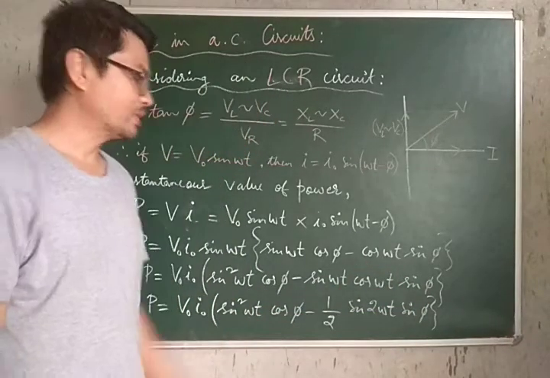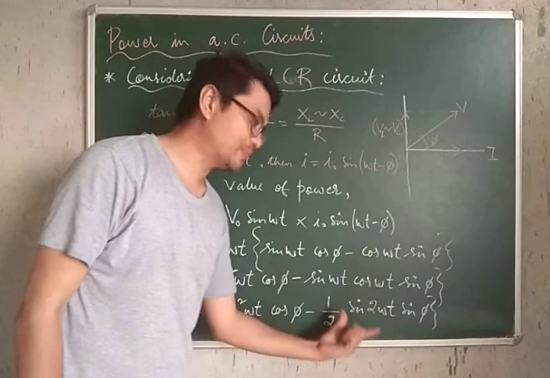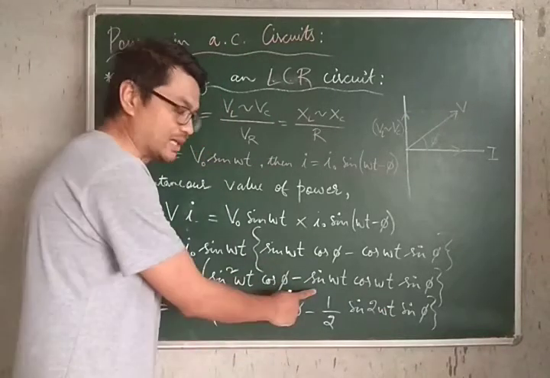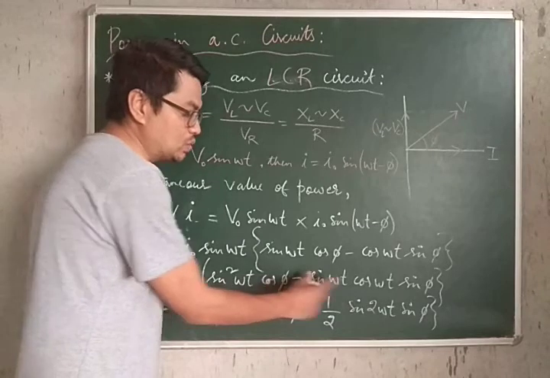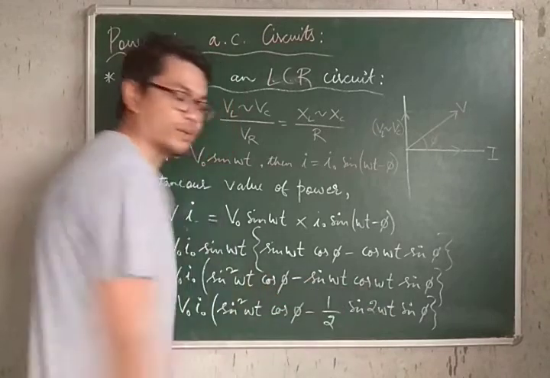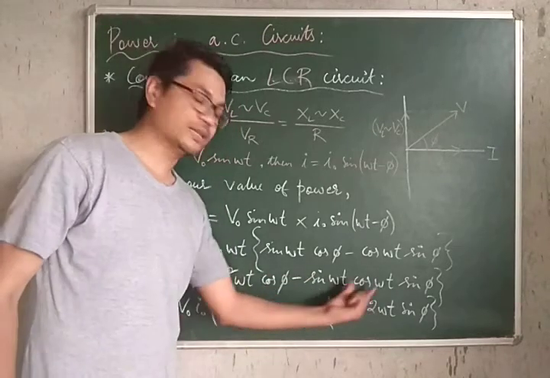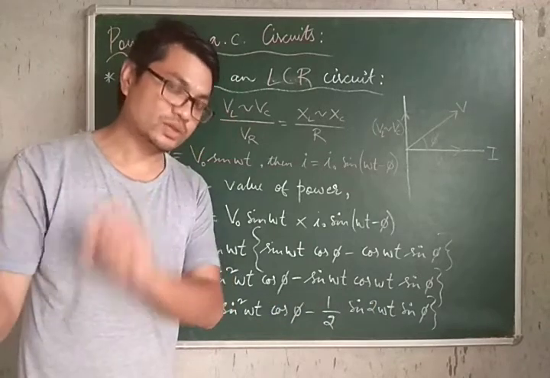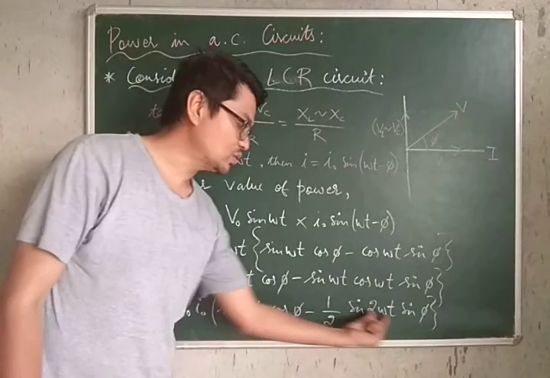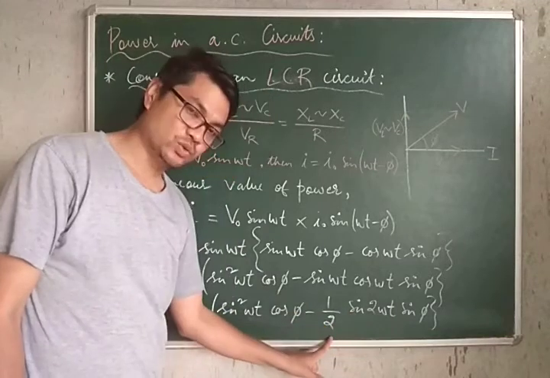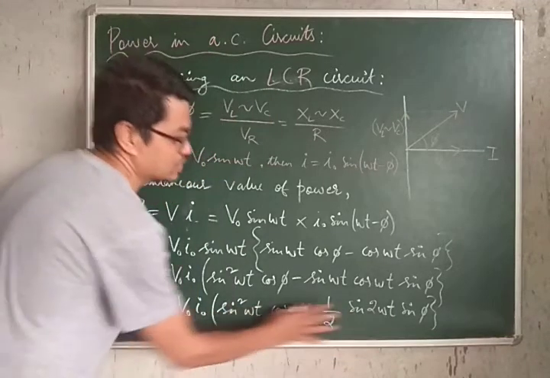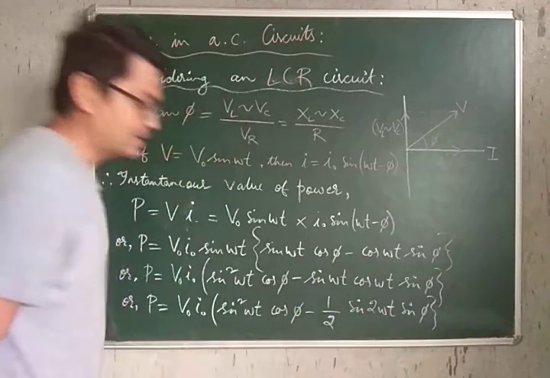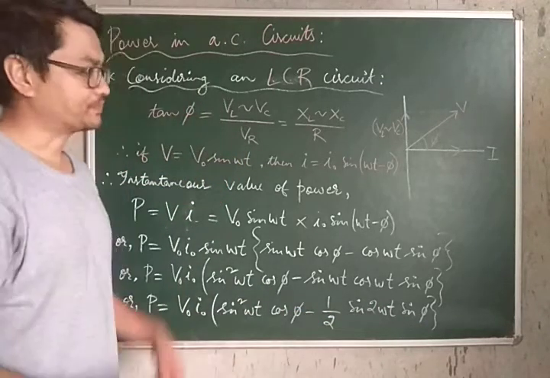Now for this second term inside the bracket, we multiply and divide by 2, and we get 2 sin omega t cos omega t. Now what is 2 sin theta cos theta? 2 sin theta cos theta is sin 2 theta. So in this case, sin 2 omega t divided by 2. That is the only change in the second term inside the bracket.